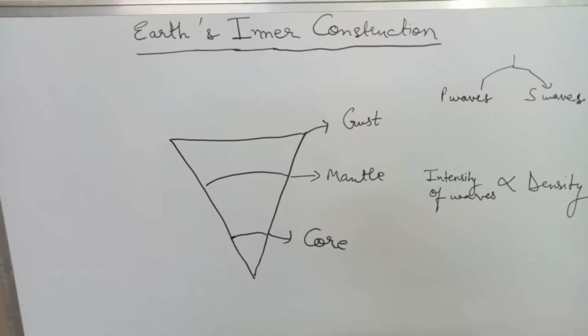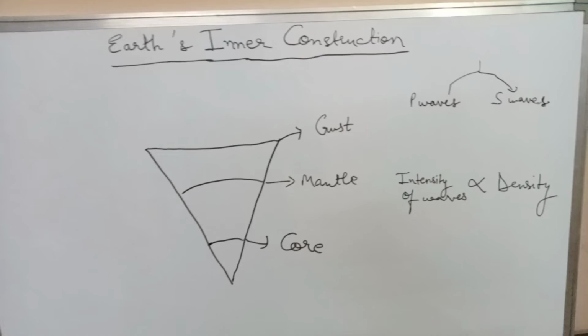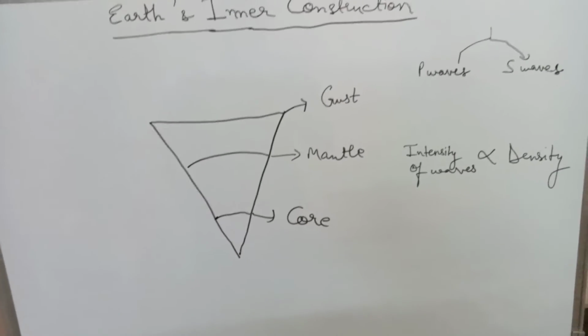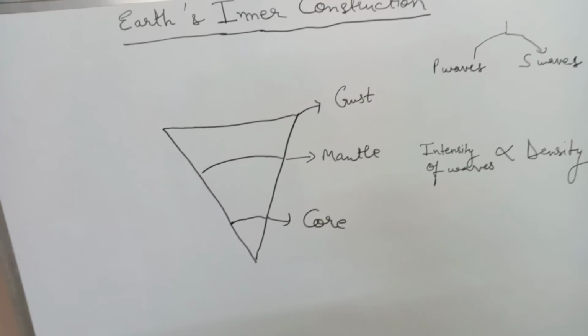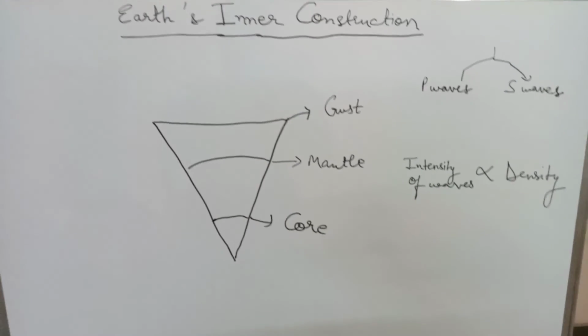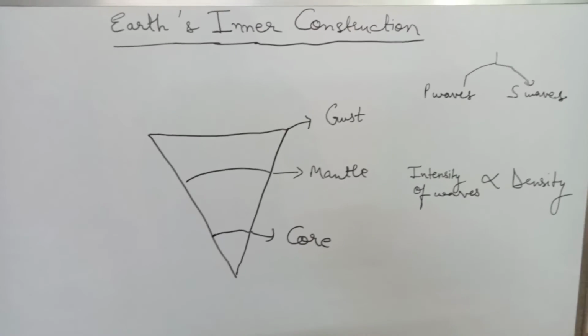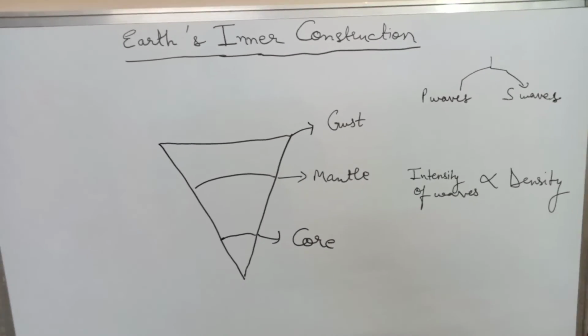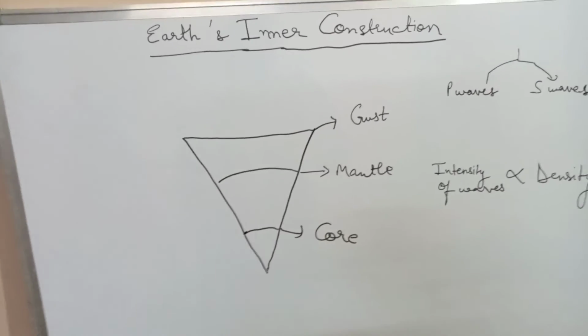When talking about the nature of waves, mostly S waves and P waves hit the surface of the Earth, and when they hit, they have different kinds of intensities.